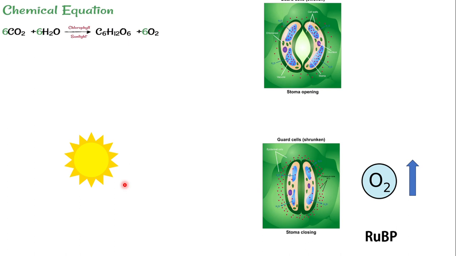So how do this oxygen and RUBP mix up with each other in order to produce carbon dioxide? Let us discuss this thing. First of all, the oxygen and ribulose bisphosphate will react with each other in the chloroplast. Here this reaction is carried out and the ribulose bisphosphate will react with the oxygen and the product will be glycolate.